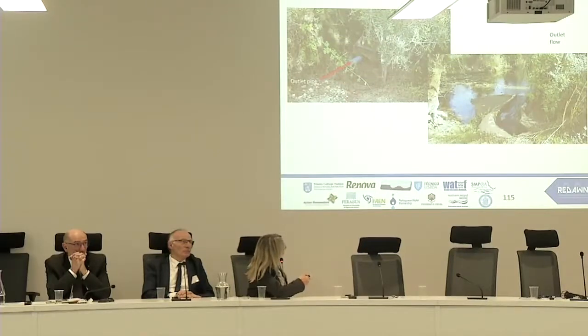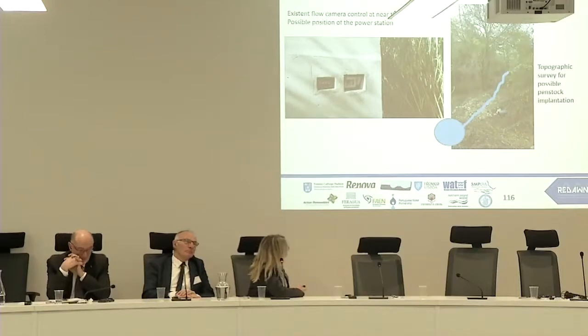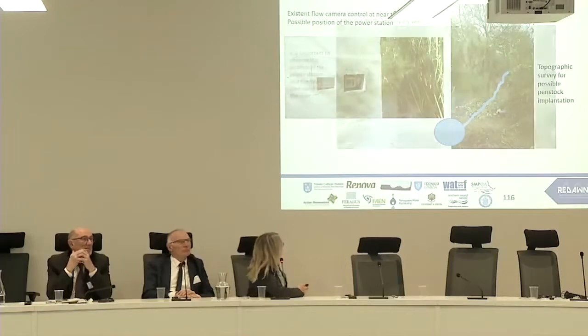This is the outlet flow of this manufacturer. There is already some control in terms of the quality of water and the levels in the river. This is a possible drawing of our penstock implantation.